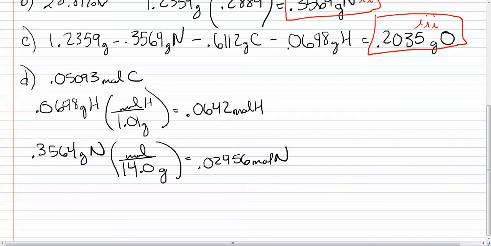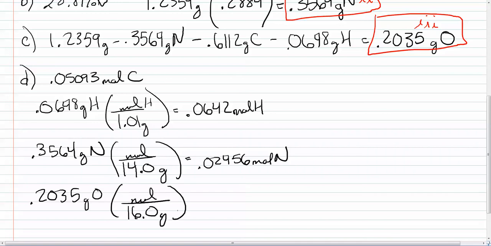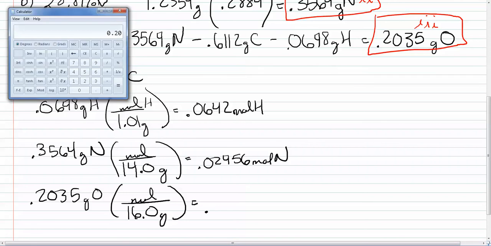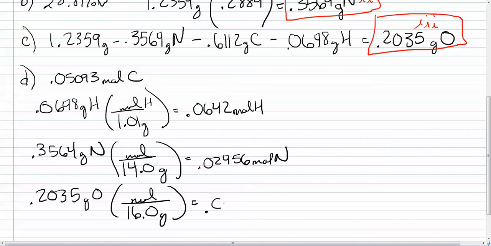We've got moles of C, H, and N, and we've got O left. So our grams of O were 0.2035 grams of O. O comes in at 16 grams per mole. 0.2035 divided by 16 gives me 0.01272 moles of O. Now we got to pick out the smallest of the numbers.